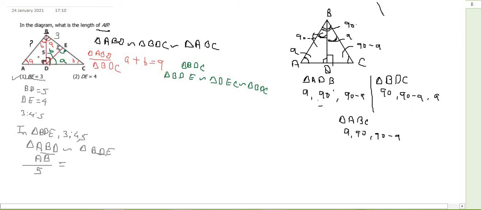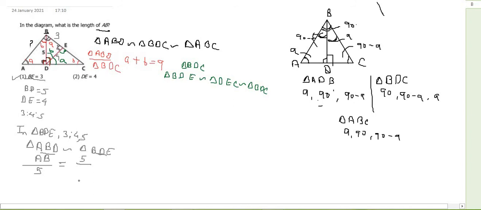Now let's consider angle A. In triangle ABD, the length of the side opposite angle A is 5. So this is 5 here, divided by, now what is angle A in triangle BDE? In triangle BDE, this is A, right? And the length of the side opposite this, we just saw, is 4.